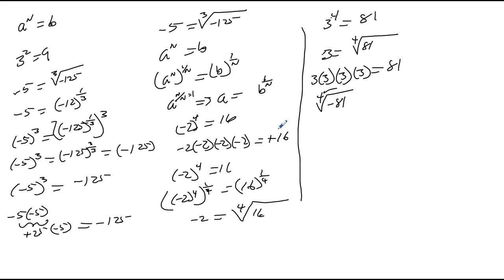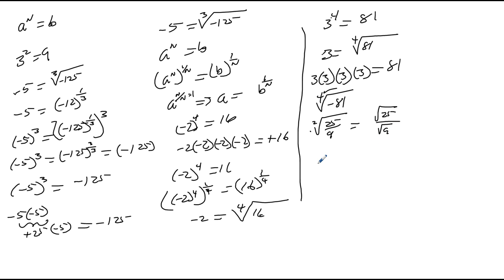So let's say we had the square root of 25 ninths. That's the second index. Well, if we got the square root of 25 ninths, that means the square root of 25 over the square root of 9. How do we know that?